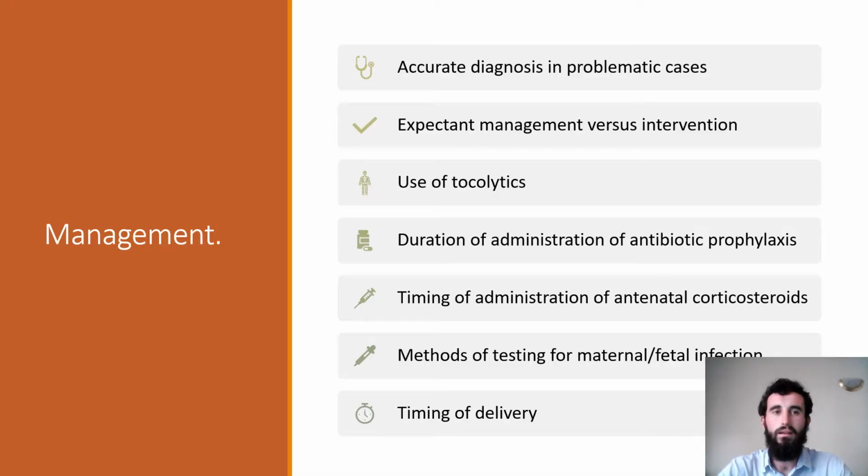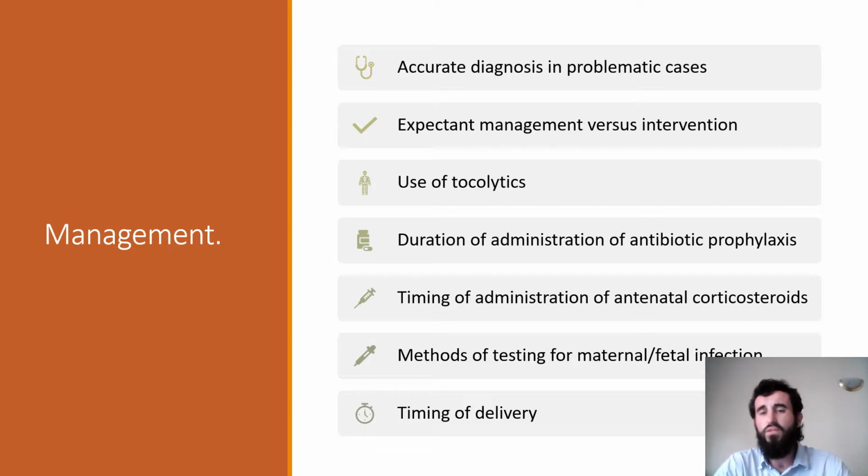So we will continue. We have seen many things about the rupture of membranes: the definitions, the pathogenesis, the risk factors, the clinical findings, and how to make the diagnosis. Now we're going to talk about the management. And as I told you, this is very controversial. It's controversial because we have to know when we have to act or when we have to just wait and see what happens.